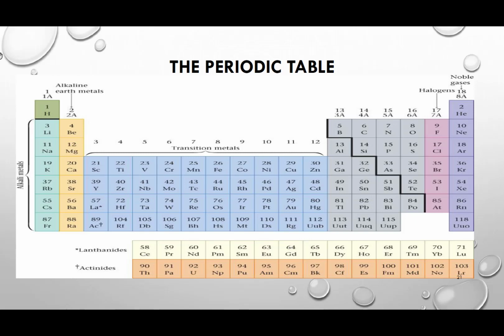On the left hand side of the periodic table, that's where the metals are. The metals on the left side. Non-metals on the right side. Okay.